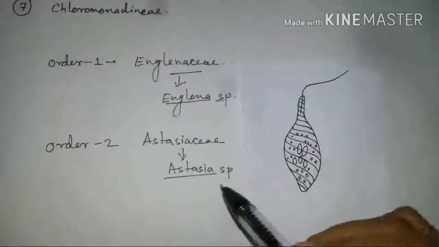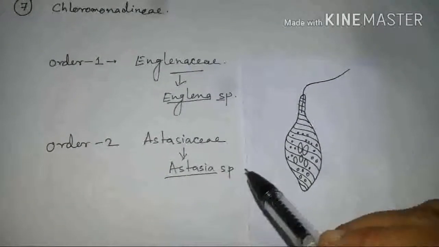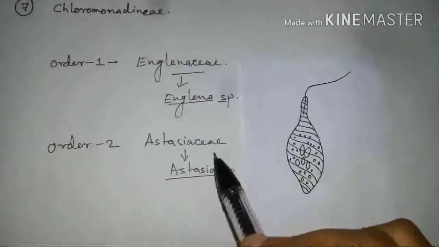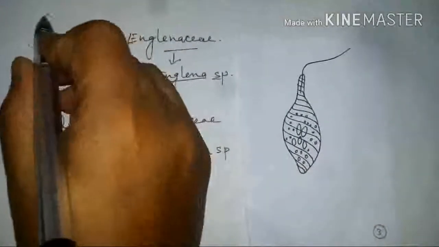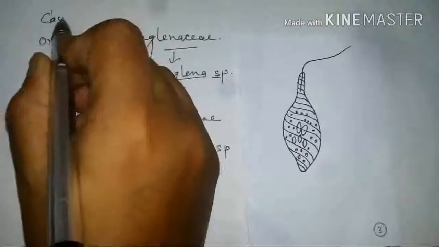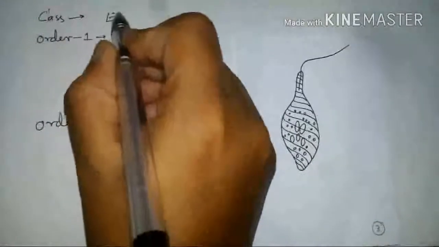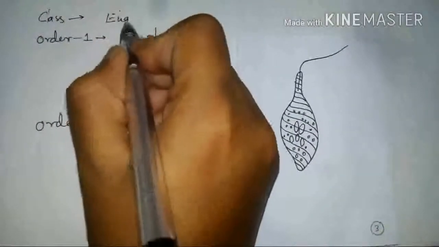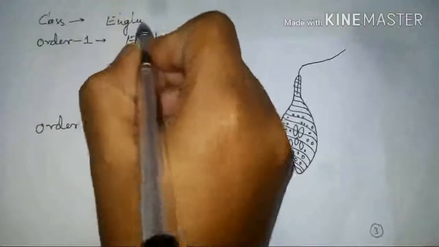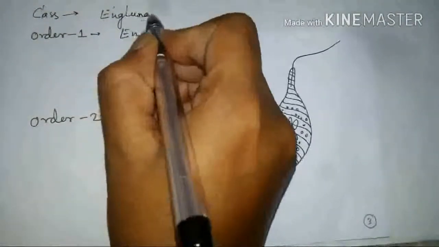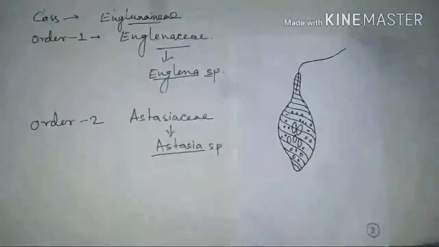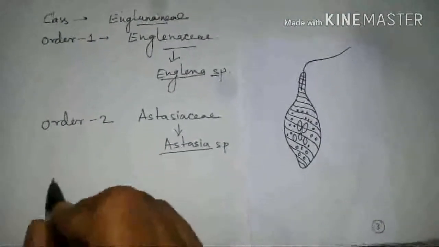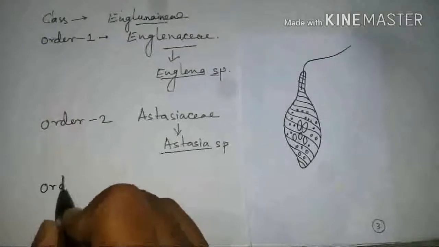So this is an Astacea species, order Astaceae, and the class is Euglena.